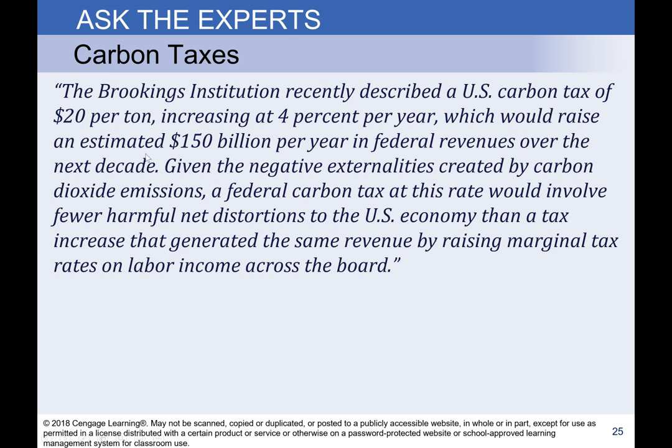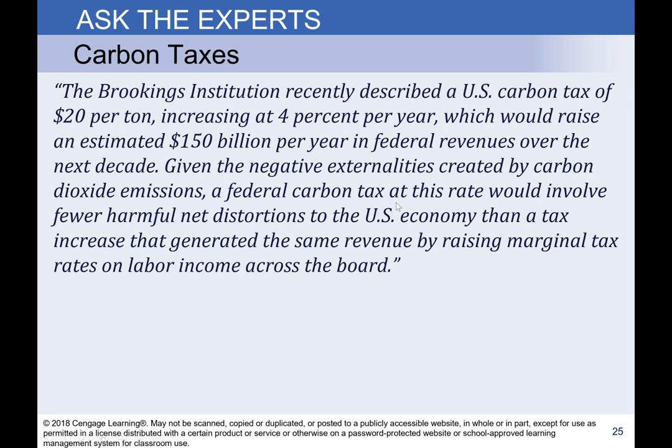What do economists say regarding carbon taxes? The Brookings Institution recently described a U.S. carbon tax of $20 per ton, increasing at 4% per year, which would raise an estimated $150 billion per year in federal revenues over the next decade.